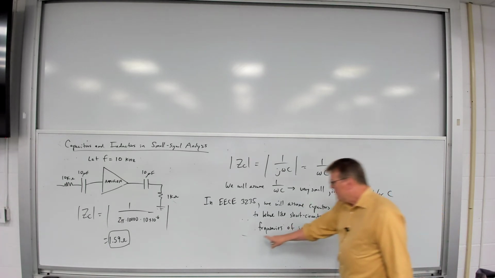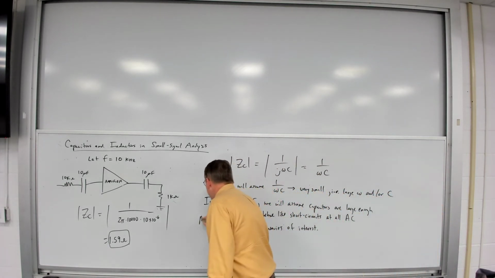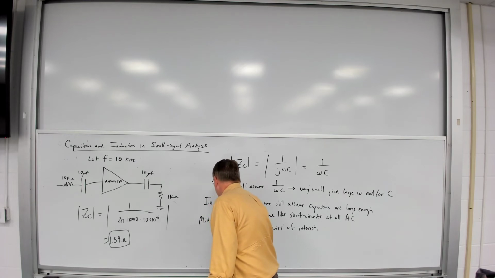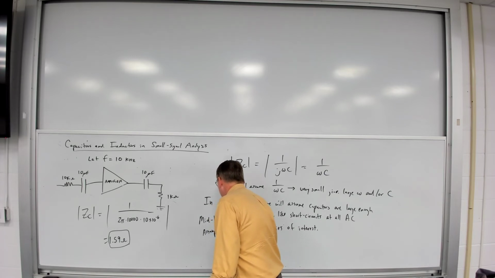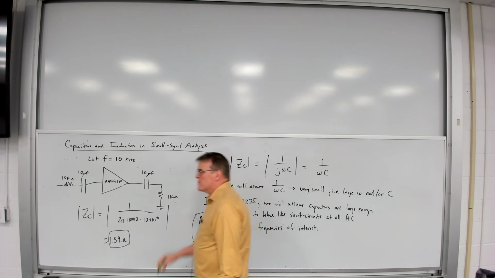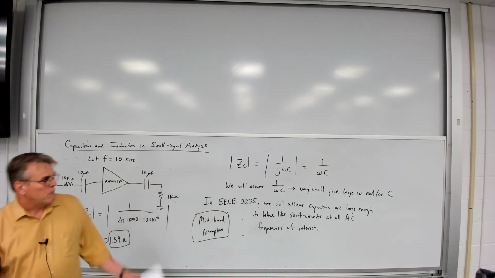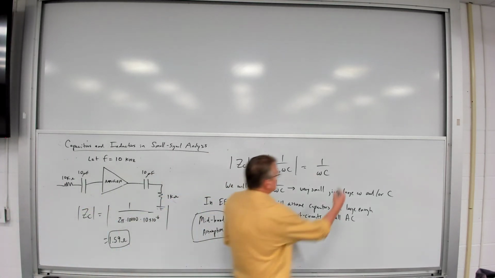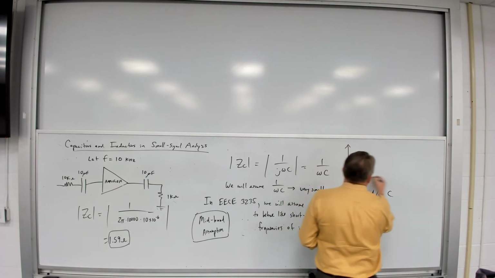Now we have a name for this. This is called the midband assumption. So we are assuming, in effect, that if you think about how actual circuits work, they'll have this kind of frequency response.